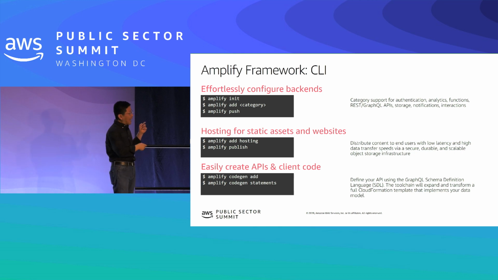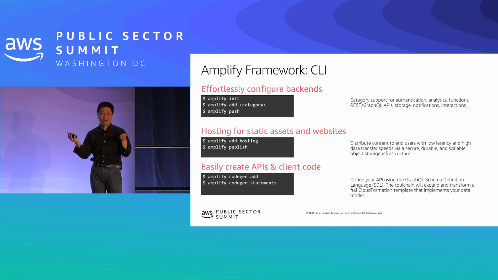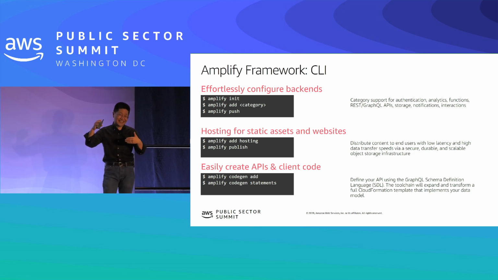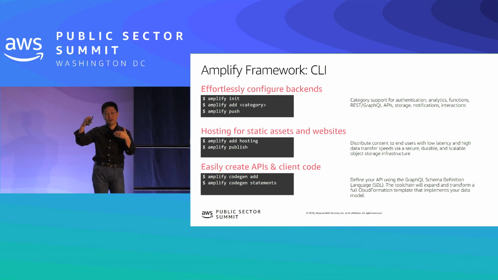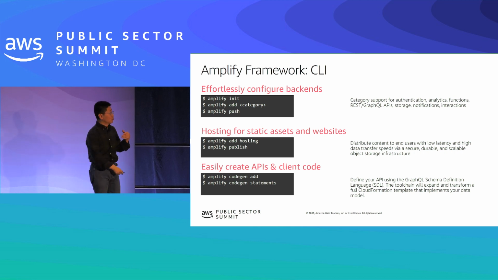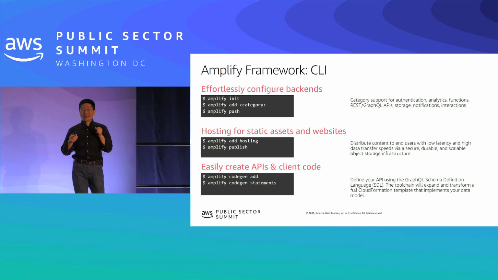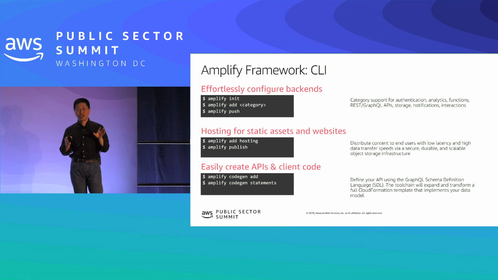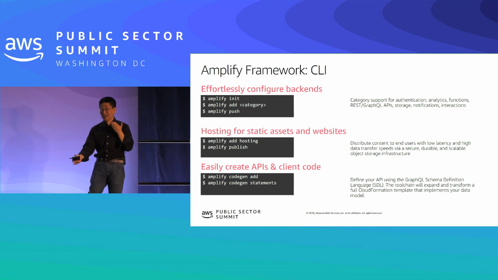When you add an additional category like storage, for S3, or APIs for API Gateway from AWS, it's going to create multiple different child stacks, or what you call nested CloudFormation stacks. When you run push, CloudFormation is going to provision all the resources for you, create all the stacks.